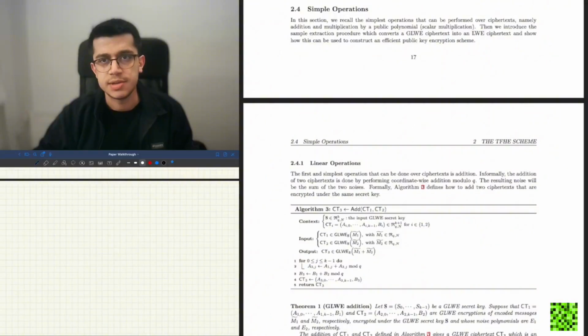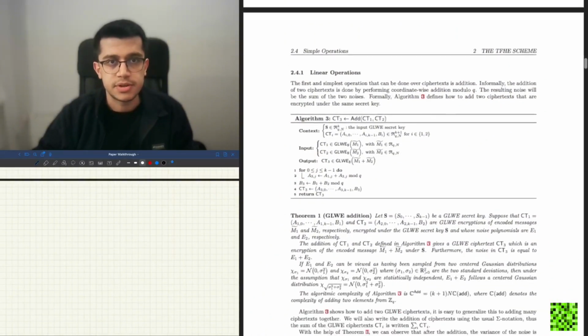We're not going to dive deeply into the sample extraction procedure in this video. It will be the topic of the third video, the next one. But it's really important because of its use in constructing an efficient public key encryption scheme, and also in the bootstrapping procedure as well. But as I said, in this video, we will mostly cover the linear operations.